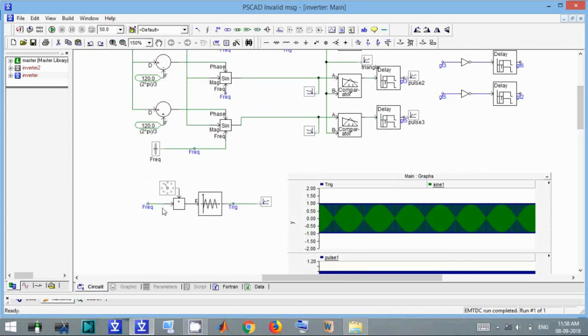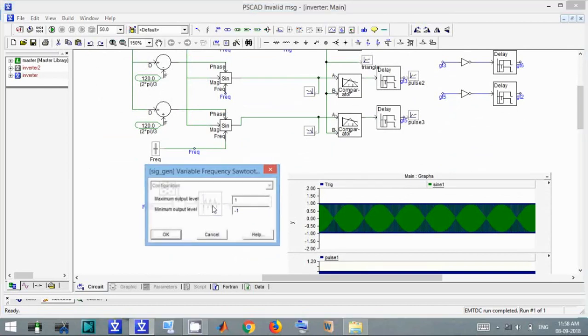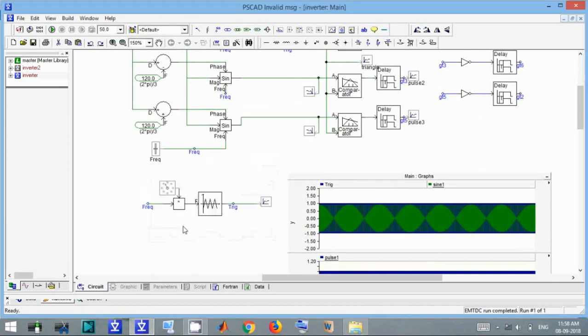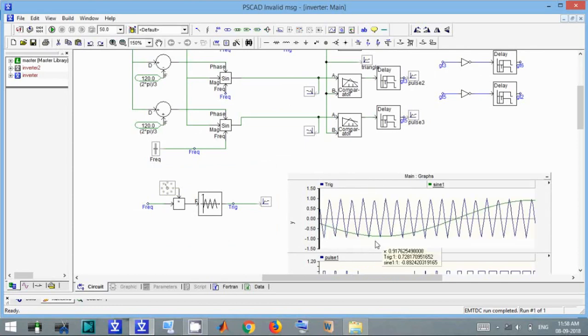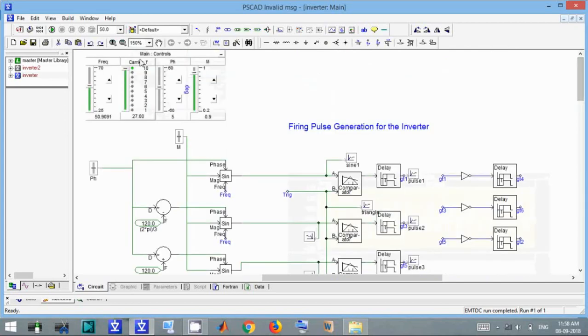For the triangular pulse, we need to multiply the fundamental frequency by a certain factor to build a triangular pulse with higher frequency. This is the carrier frequency.